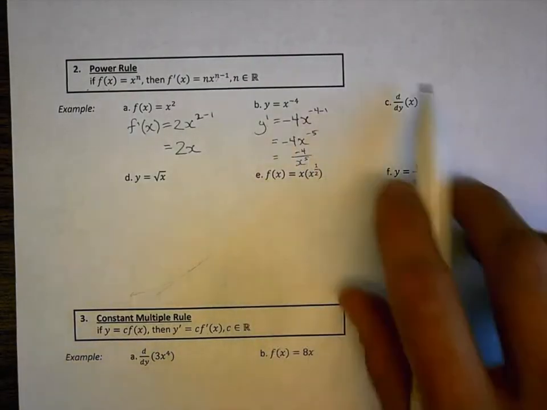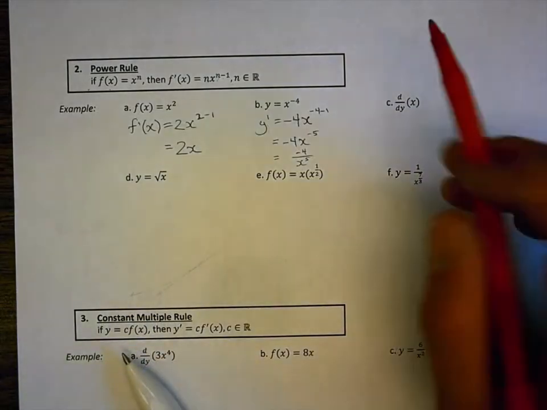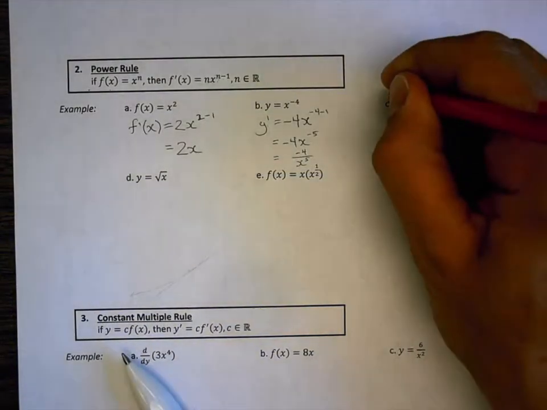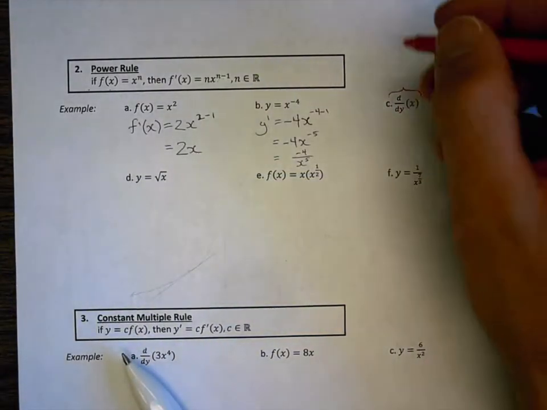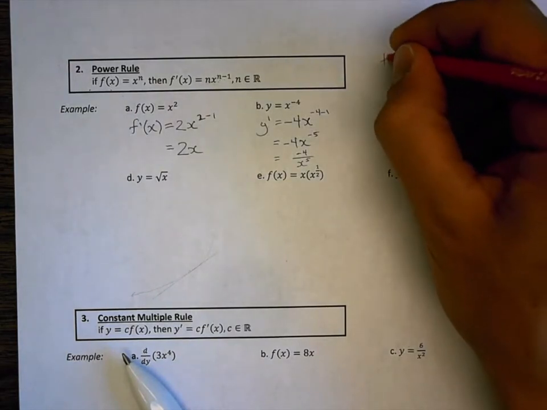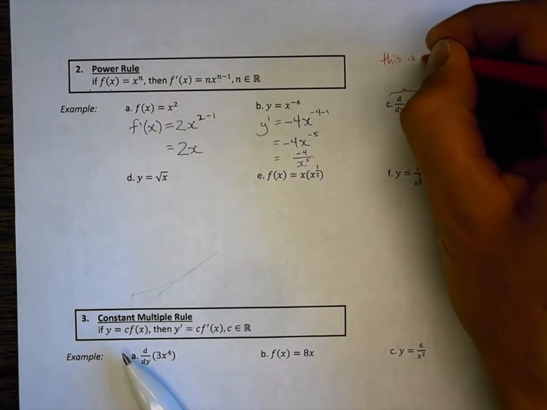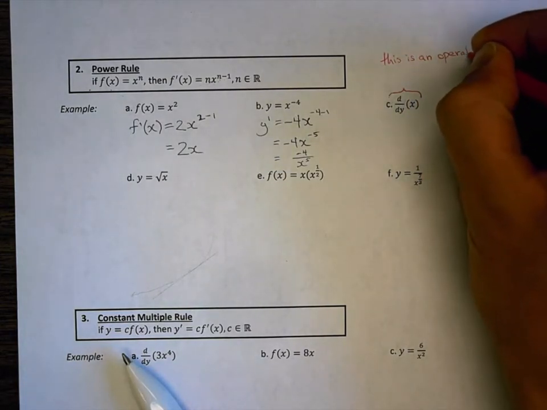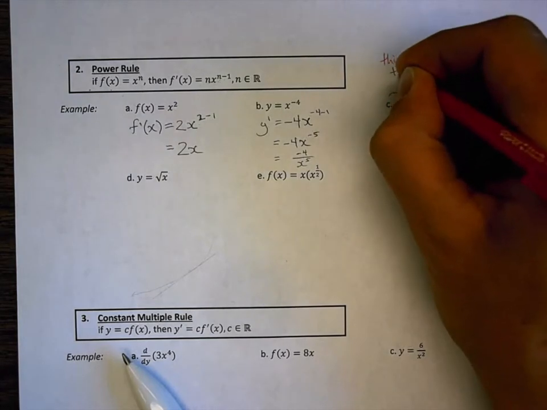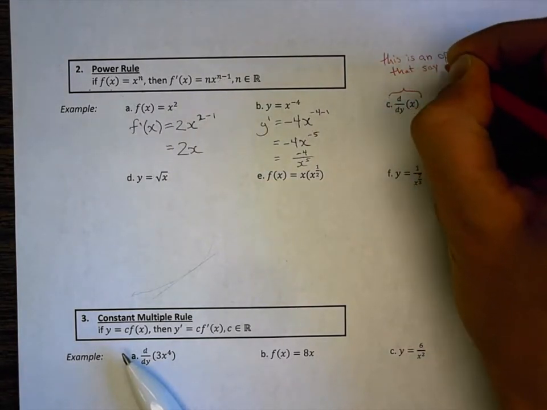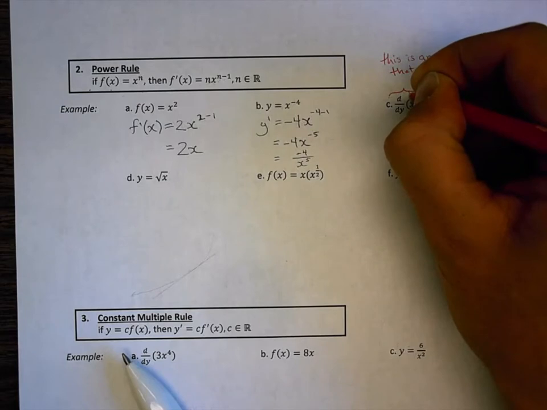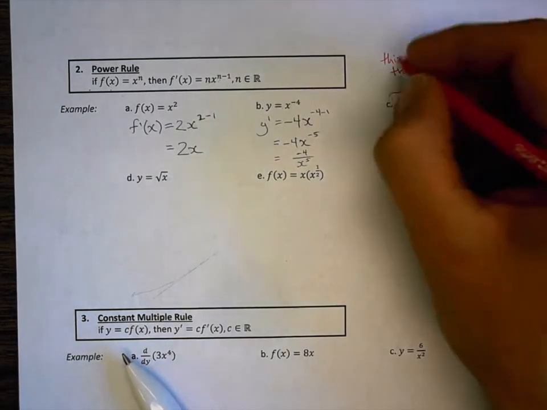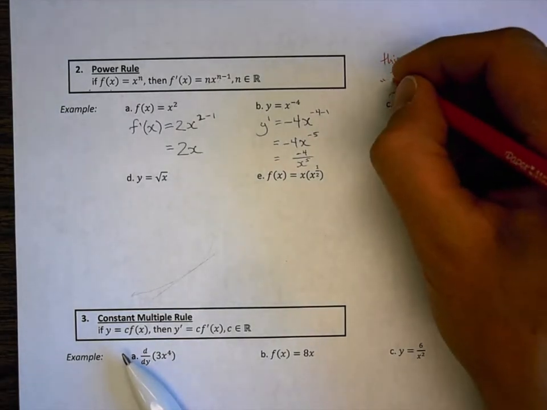Okay, this next question, very similar to the other ones, but just the notation is a little different. This is an operator, dy dx. This essentially says to us, find the derivative.